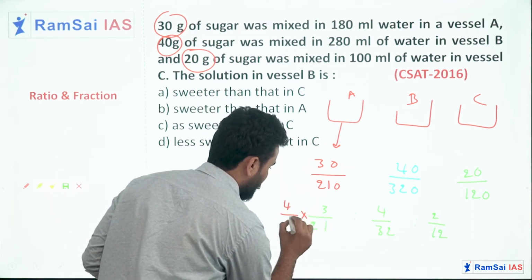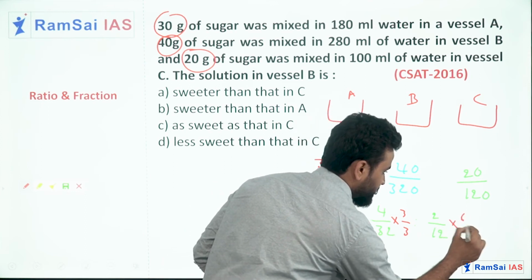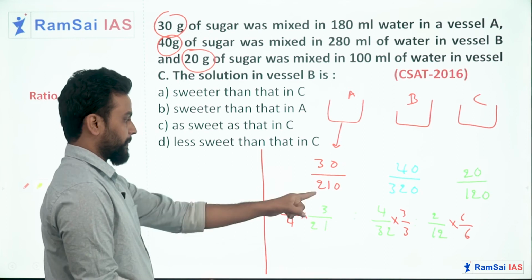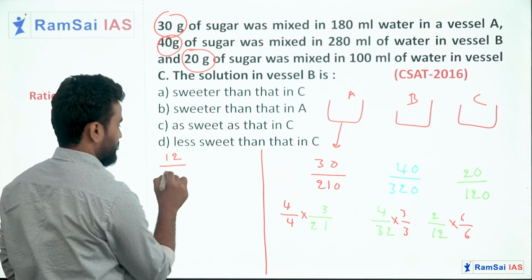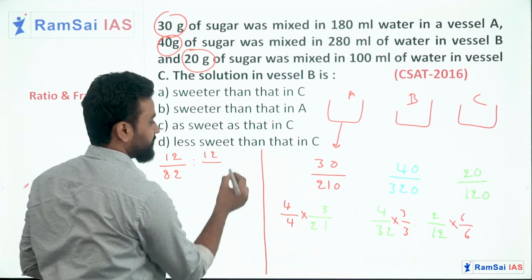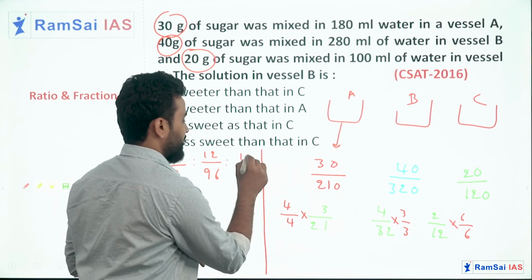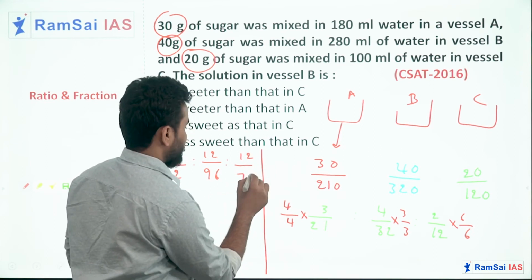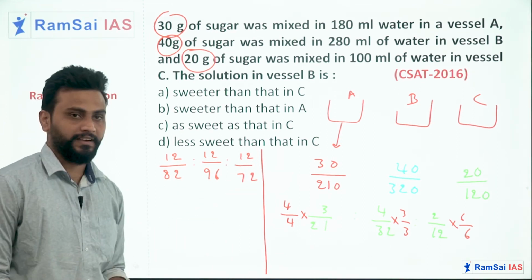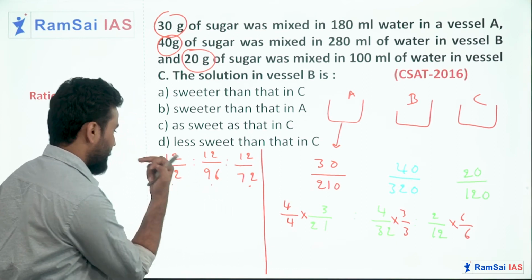Multiply by 4 by 4, 3 by 3, 6 by 6. Yes. So let me write the 3 ratios here. 12 by 3 times 21 is 63, 12 by 96, and 12 by 72. So the numerators are equal and the denominators are different, and if you observe clearly, the denominators are 63, 96 and 72.